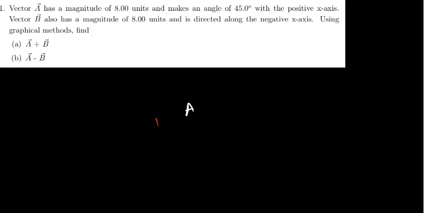Guys, you remember when we introduced vectors, we said that if we have vector A going in this direction, and then we have another vector, let's say vector B, here. Now, when we say A plus B, it's just to add these two vectors. Vector A starts from there and ends here.